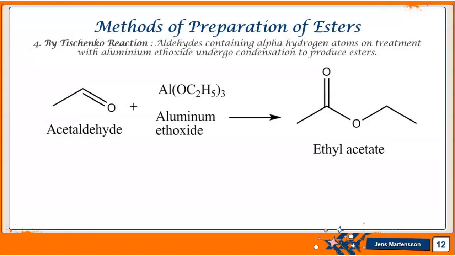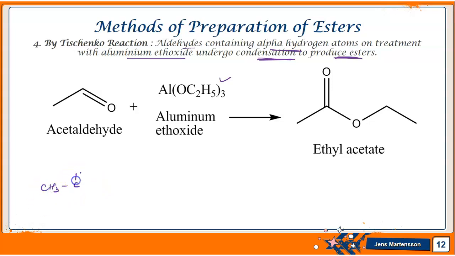Proceeding further, this is another method of preparation, that is by the Tishchenko reaction, where acetaldehyde, or you can say an aldehyde containing alpha hydrogen atoms, on treatment with aluminium ethoxide will undergo condensation and produce esters. Let me show you how this reaction proceeds.